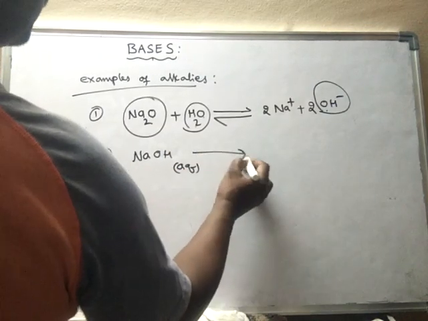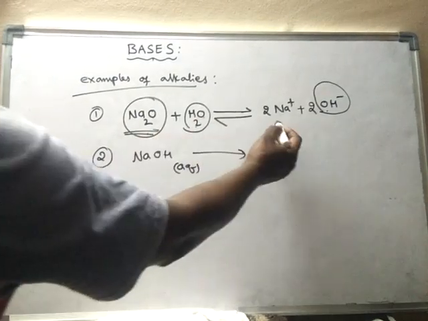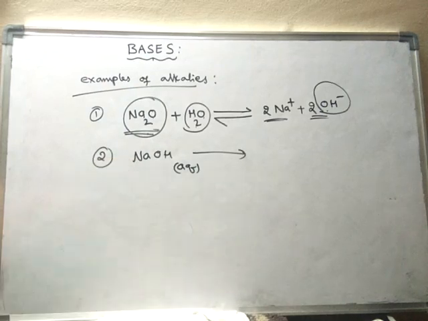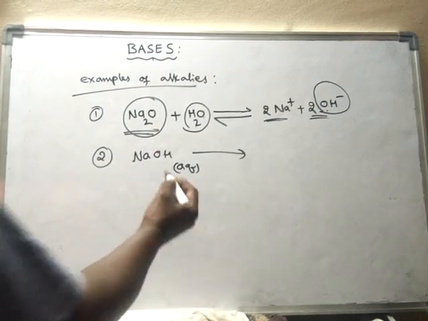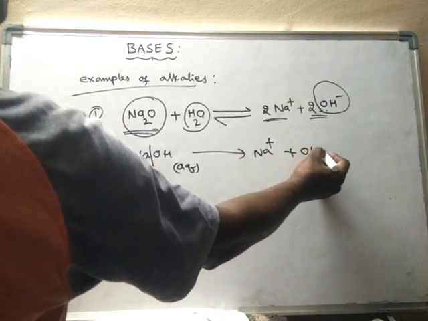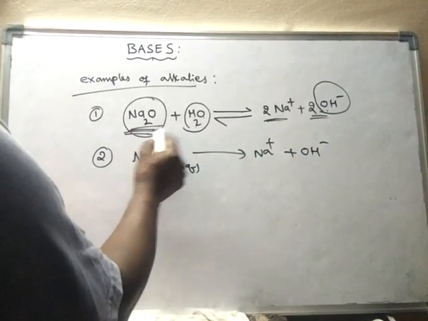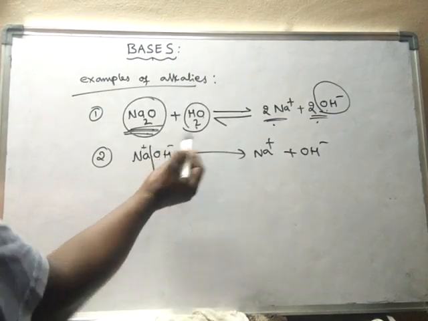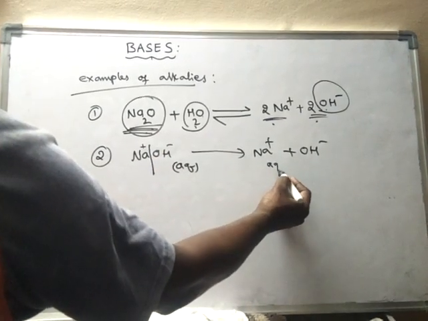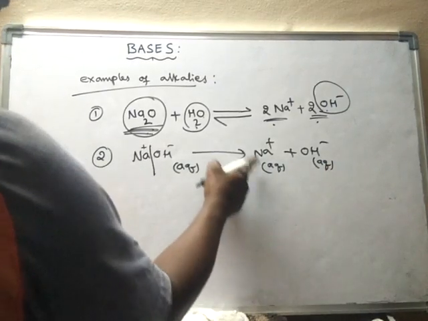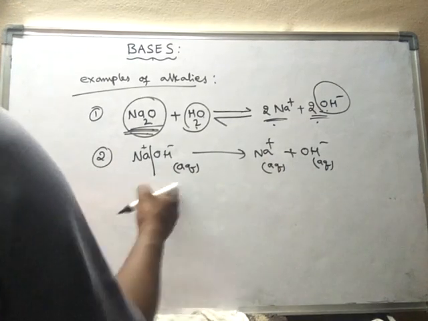The oxide produces ions like this, but as it is already a hydroxide, NaOH simply breaks down into Na plus and OH minus. Here also we write aq, which means this is produced in water.